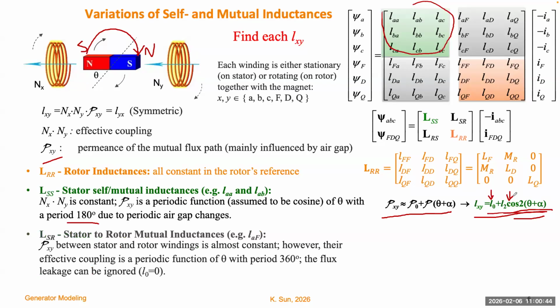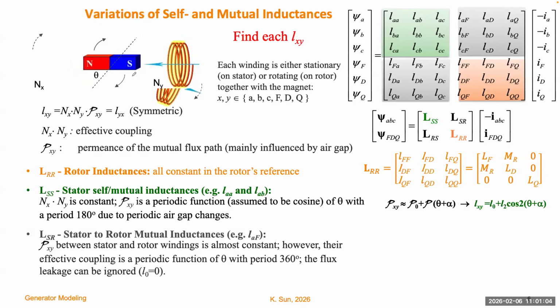The last one is in the gray box. That involves all the inductances involving one stator and one rotor winding. For that case, the magnet will revolve together with one of the two windings, like this. Only one winding is revolving, while the magnet and the other winding stay together. So for this case, L will change as a periodic function of 360 degrees, right?